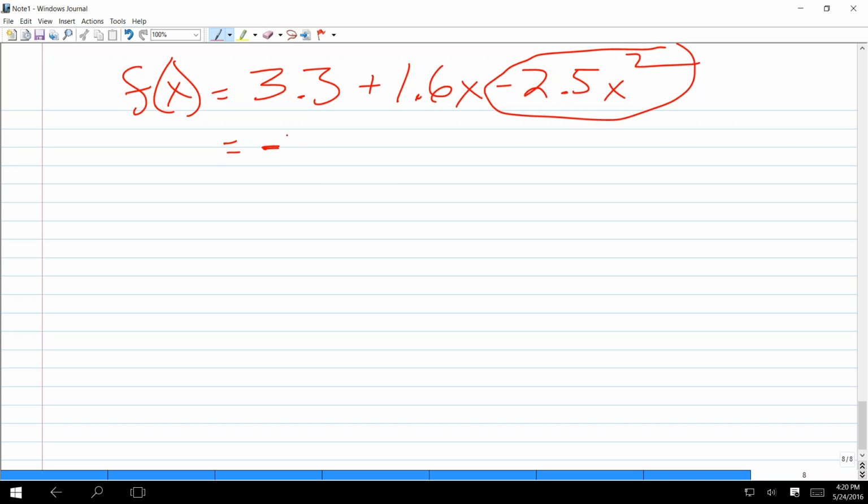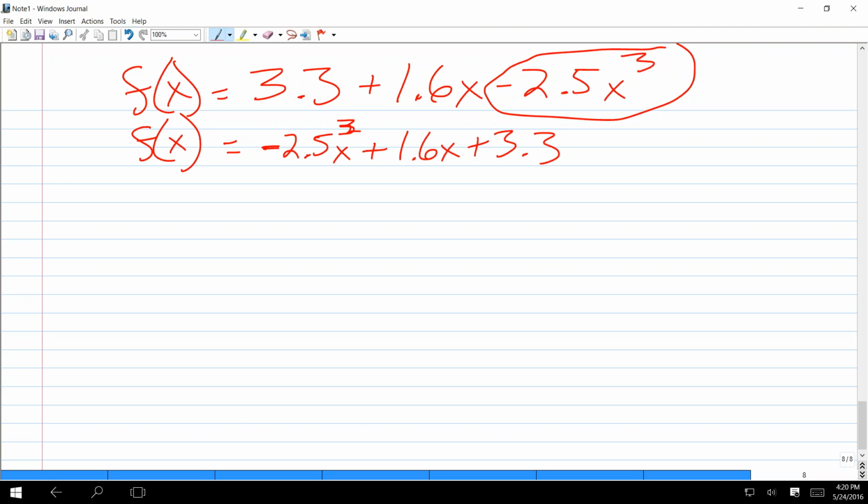So it's going to be minus 2.5x cubed plus 1.6x plus 3.3. It's not x squared, it's x cubed. Is everything else correct? Yes. Okay, so that was cubed.